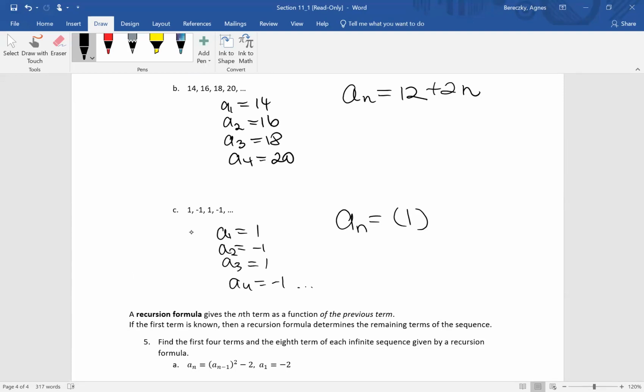That means it's to an even exponent, because negative 1 to an even exponent is positive, negative 1 to an odd exponent is negative. So we have to have n plus 1 power. So A1 will be negative 1 to the second power, which gives you a positive 1. Negative 1 to the third power will give you a negative 1. Negative 1 to the fourth power will give you a positive 1, and so forth.